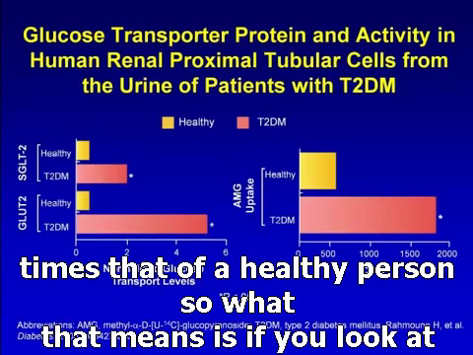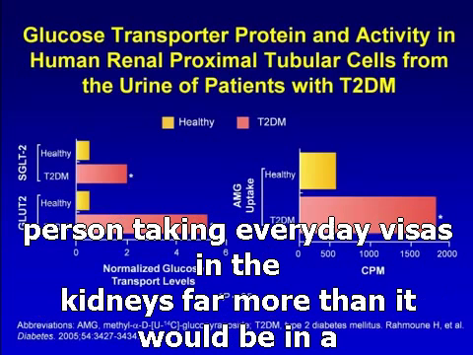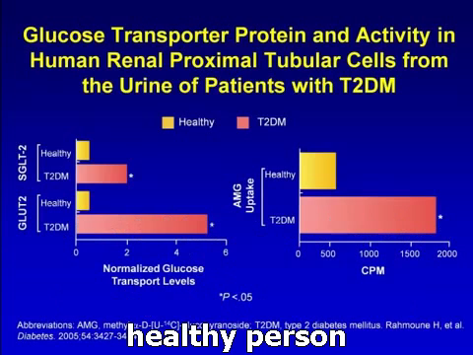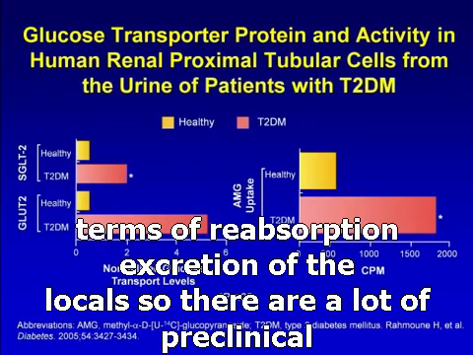If you look at its functionality, at labeled glucose uptake, you will see that labeled glucose uptake in type 2 diabetes in the kidneys is far more than it would be in a healthy person. That's just to show that this causes an abnormality in diabetes in terms of reabsorption and excretion of glucose.